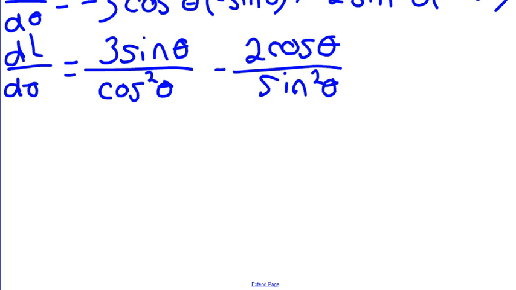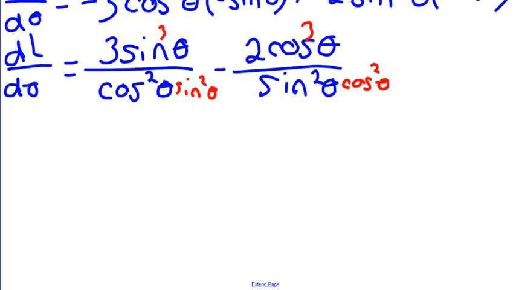So this left fraction is missing a sine squared theta on the top and bottom. I already have a sine of theta on the top, so sine of theta times sine squared theta is sine cubed of theta. And then the right fraction needs the cosine squared of theta on the bottom, but then the top also needs the cosine squared of theta. Since there's already a cosine of theta there, that means there's 3 of them.